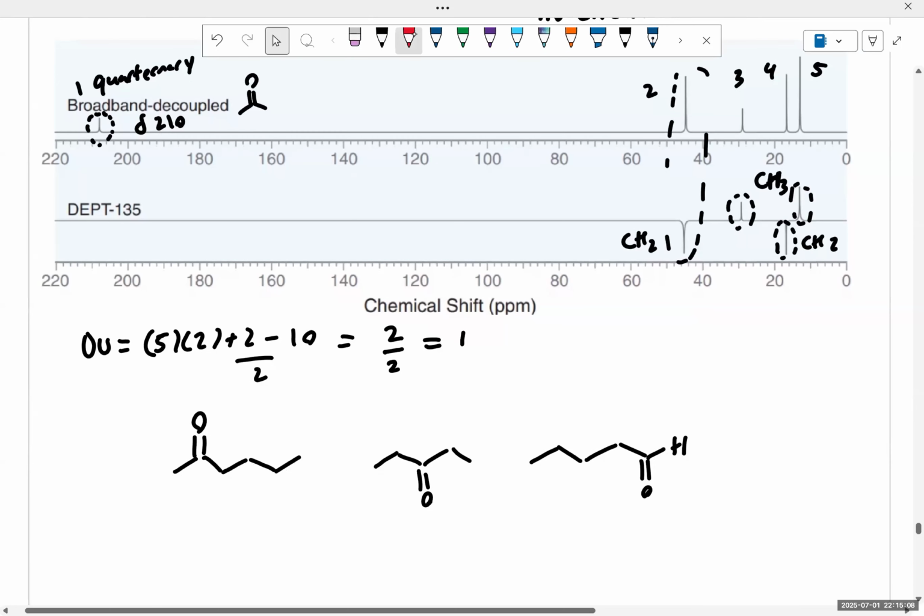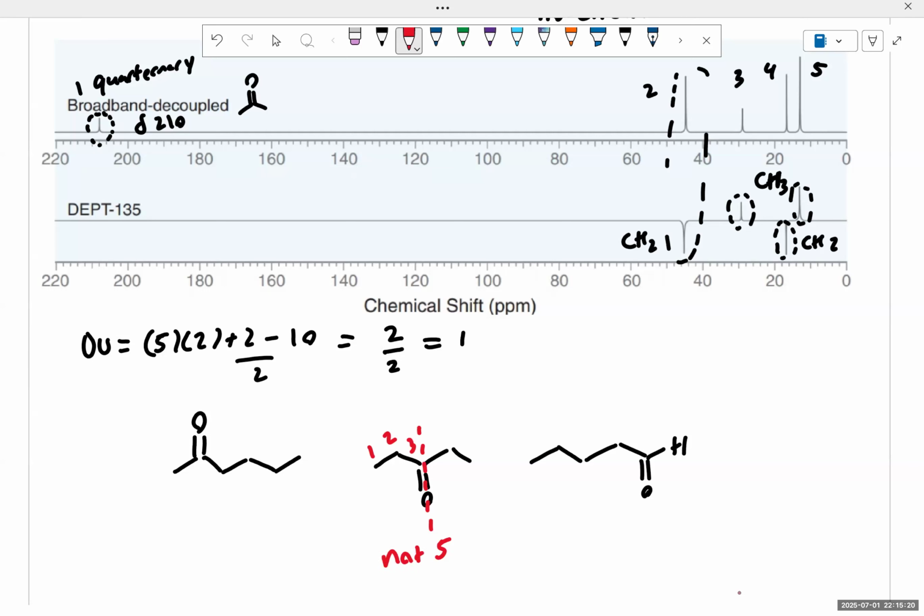We can immediately rule out this possibility because it has an axis and plane of symmetry, and thus we would only see 3 unique signals, not 5.